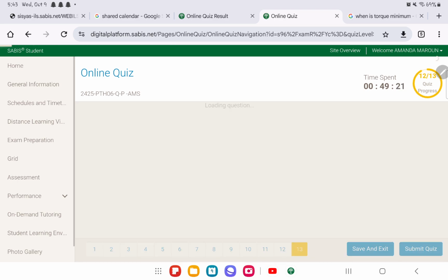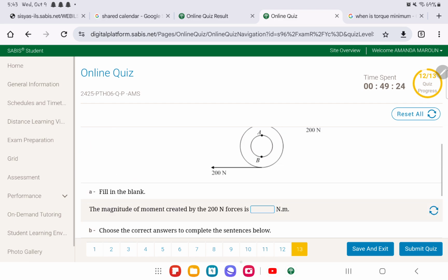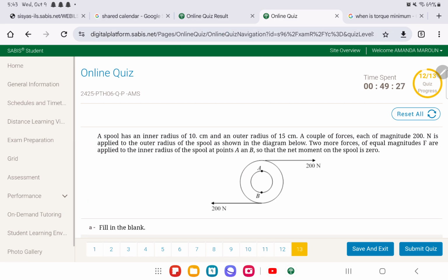And now after around 40 minutes, we finally reached the last question, which is one of the most important questions. So please pay attention. A spool has an inner radius of 10 centimeters. So that means the inner radius here is 10 centimeters, and an outer radius of 15 centimeters.